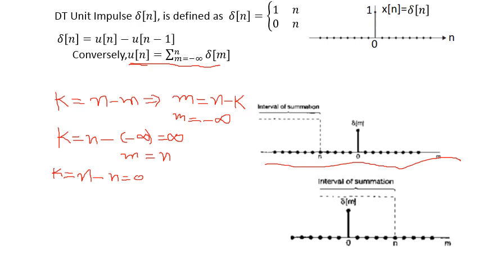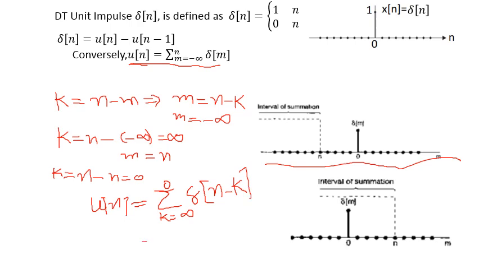So that means we can say that the step function u of n equals summation k running from infinity up to 0 of the impulse of, when you say k equals n minus m, that means m equals n minus k, so we can replace m here, m equals n minus k.